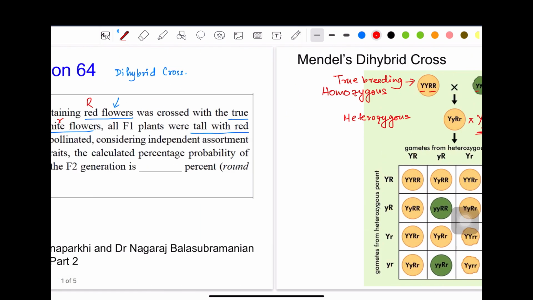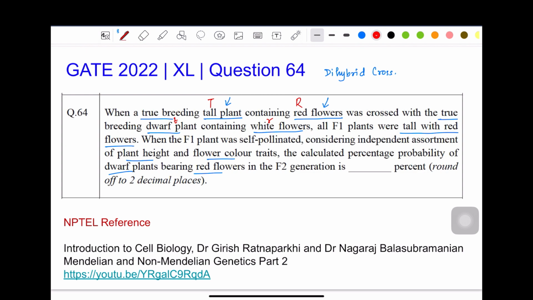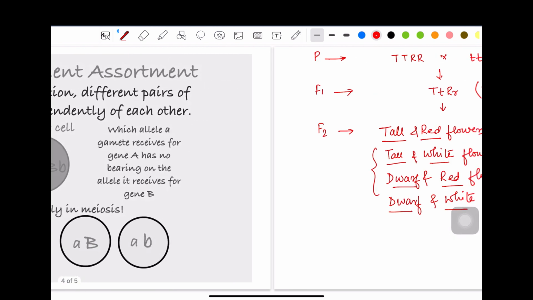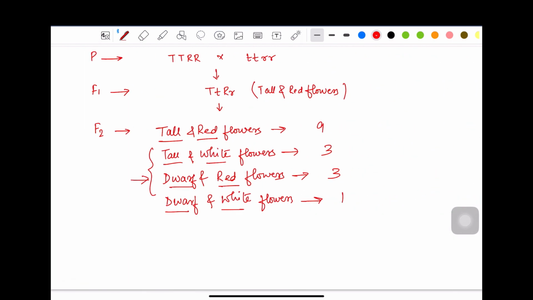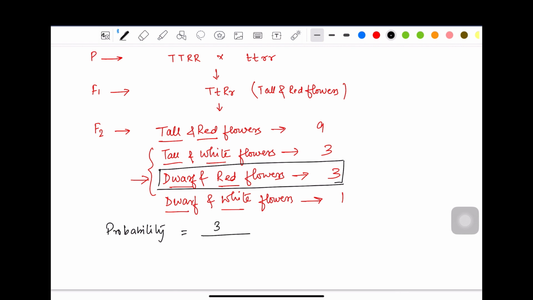Now the question is asking the calculated percentage probability of dwarf plants with red flowers. So this particular type of phenotype is asked. It will be 3 out of 16. So the probability will be 3 out of 9 plus 3 plus 3 plus 1, that is the total.